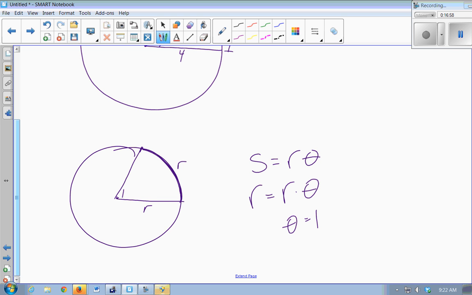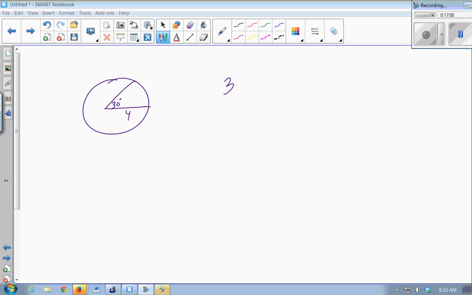Yeah, you could create a formula that uses degrees rather than radians. You could say, okay, well, 30 degrees out of 360 degrees, right? That's the fraction of the circle. This arc length is 30/360ths of the whole circumference.